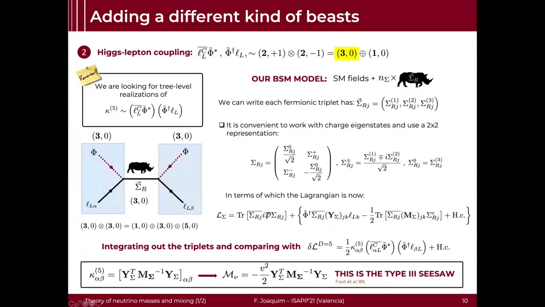Now you see this is very similar to what we had for the type 1 seesaw, where the couplings with the singlets, lepton doublets, and the Higgs are now replaced by y sigma, and the mass matrix MR is replaced by M sigma. And this is the type 3 seesaw. Okay, so I've jumped type 2 because type 1 and type 3 come from the same type of contractions of the phi's and the L's.